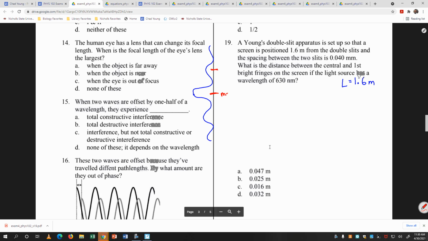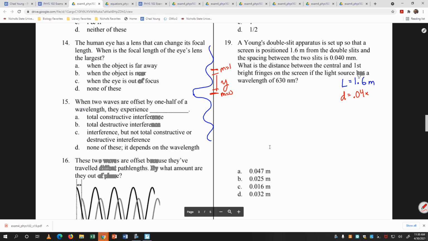So that's m equals 0 to m equals 1. I want to know that distance, which is going to be y. I know that the spacing between the slits is 0.04 millimeters. I'm going to go ahead and convert that into meters. And I know that the wavelength is 630 nanometers, or times 10 to the minus 9 meters.